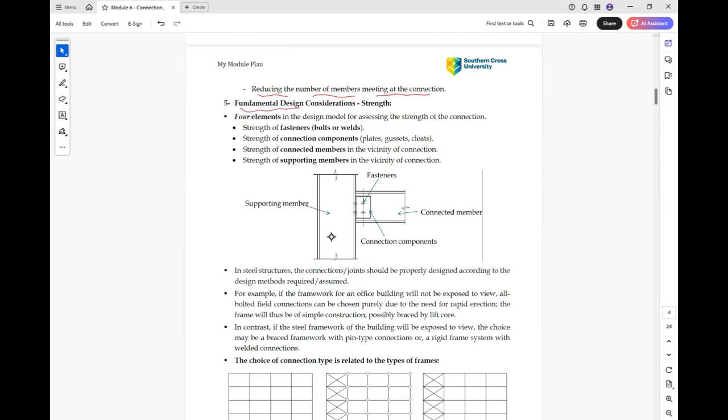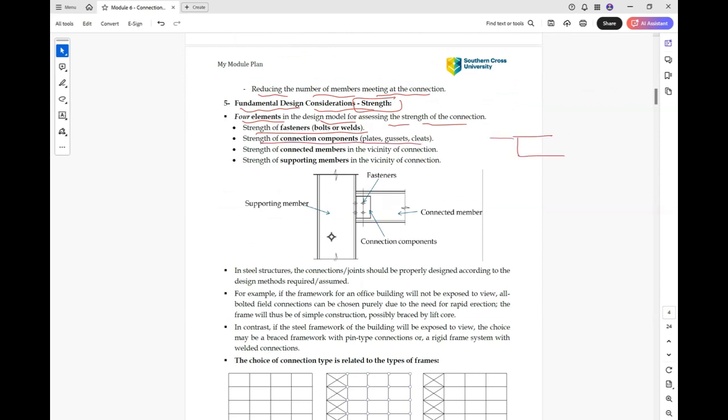The fundamentals of design consideration, firstly, strengths. There are 4 elements in the design model for assessing the strength of the connection. Strength of bolts or fasteners. Strength of the connection components.